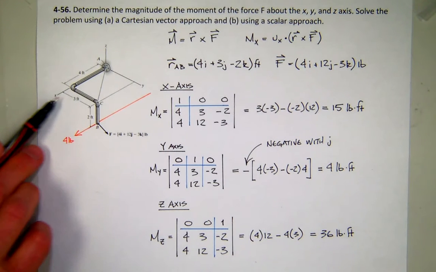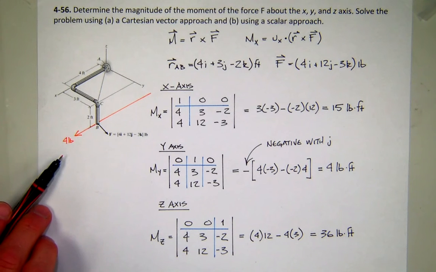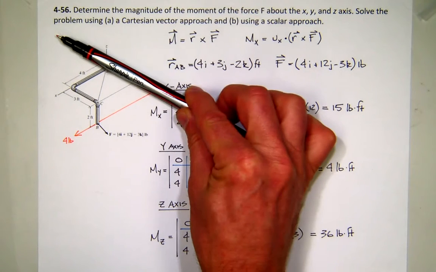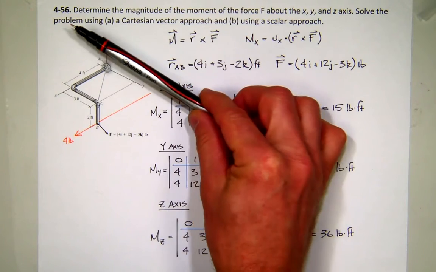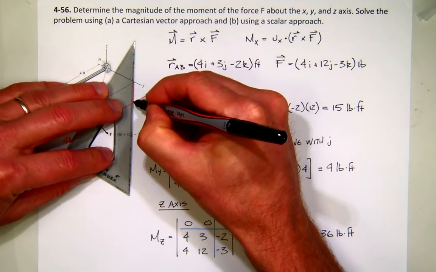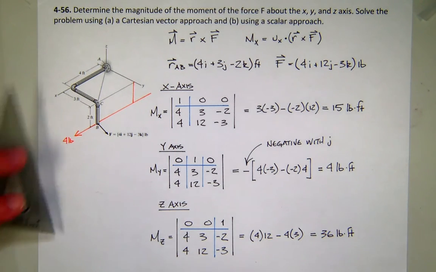Yeah, it's going to be 3 feet. It'll be 12. And what else? It also creates moment about the y-axis, and the perpendicular distance from it is this distance, which is 2. You see that? See the way that works?